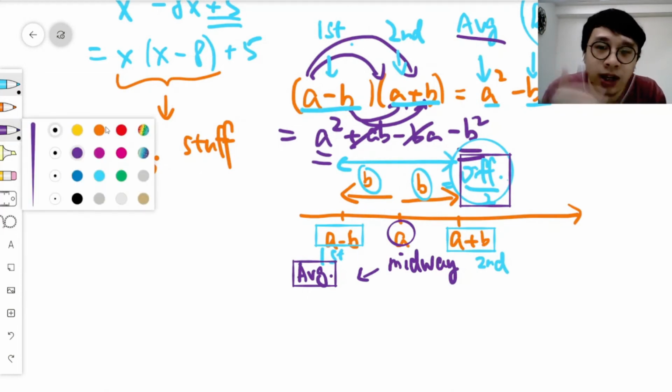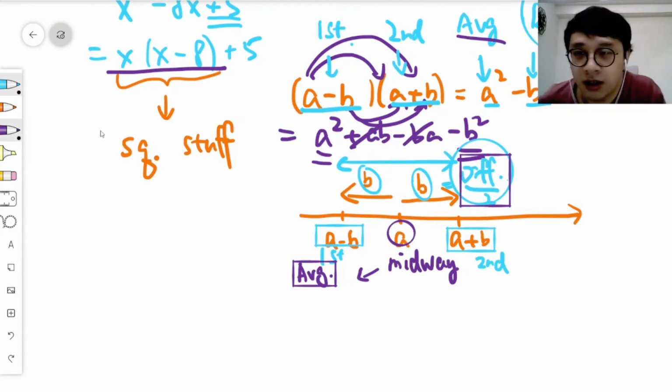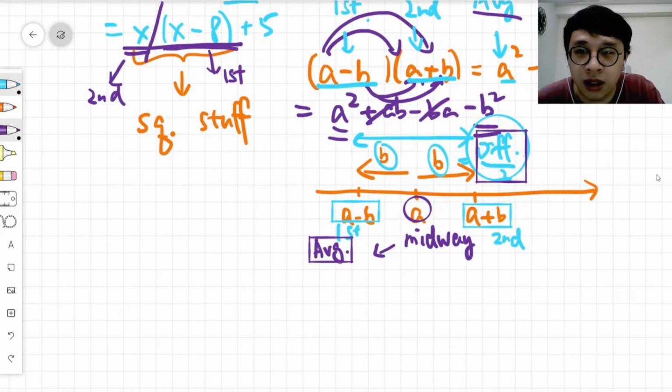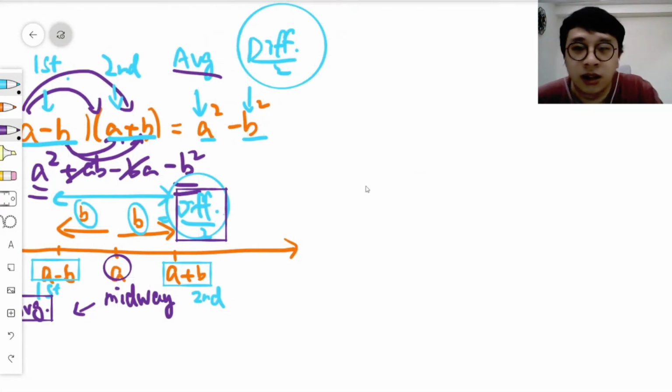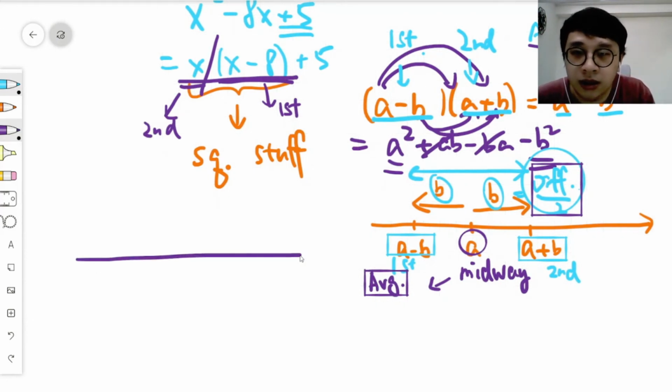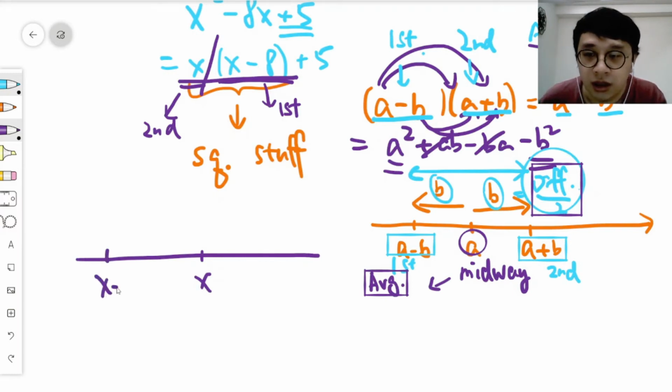So how can I apply my theory to this x times x minus 8? Let me do it for you. First step, we consider this x minus 8 as the first number, and then x as the second number. Okay, if you don't get it, I can still put it in the number line, and you can see what's going on. So I put it in the number line, and then x is here, and x minus 8 is on the left.